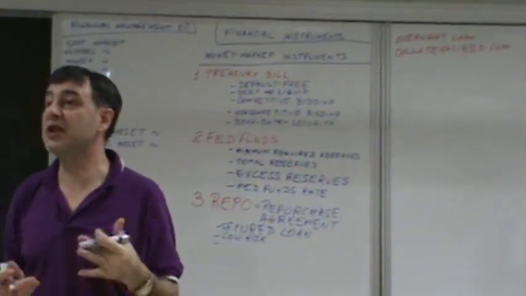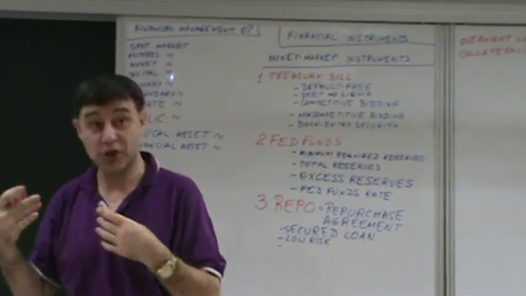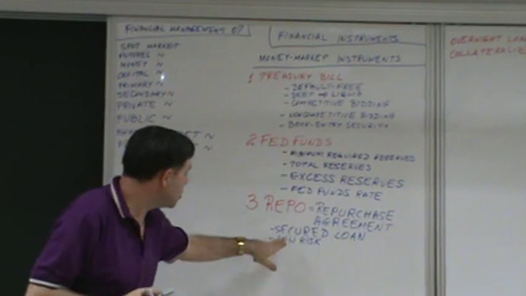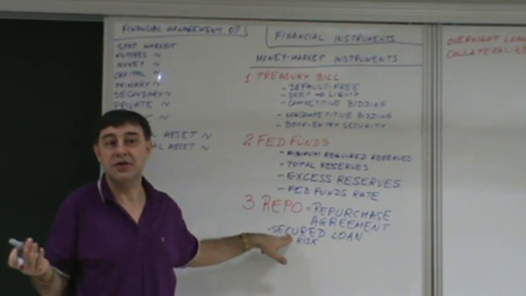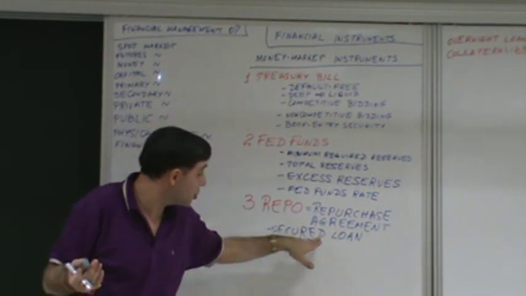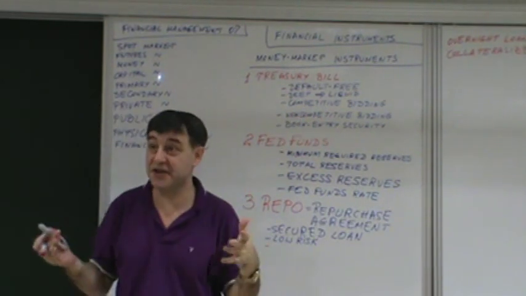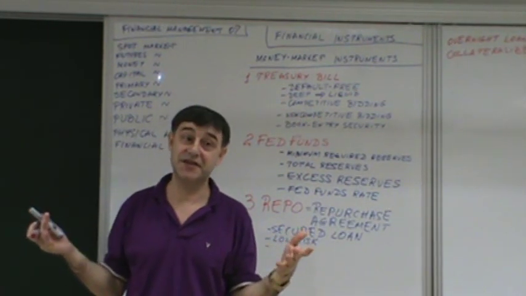And a collateralized loan is simply a loan secured with a collateral. So basically, secured loan and collateralized loan are exactly the same.